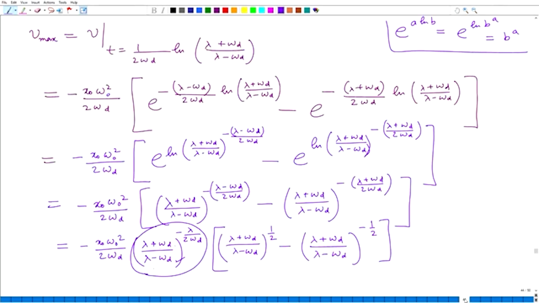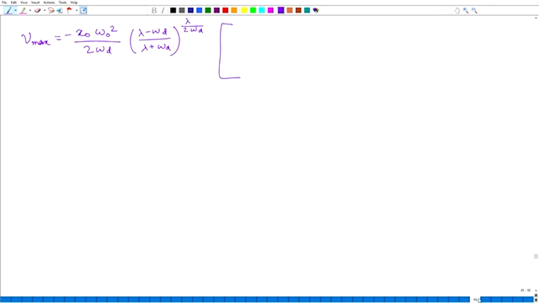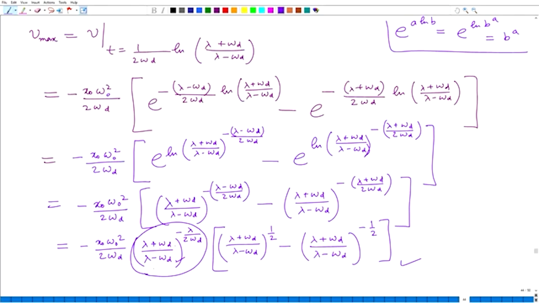Inside the bracket, you will see there will be a very interesting simplification. So, this term will be then, yes, (lambda plus omega d) by (lambda minus omega d) whole to the half, there is a minus sign, yes, and then (lambda minus omega d) by (lambda plus omega d), there will also be a plus half sign, because this is (lambda plus omega d) over (lambda minus omega d) whole to the minus half.